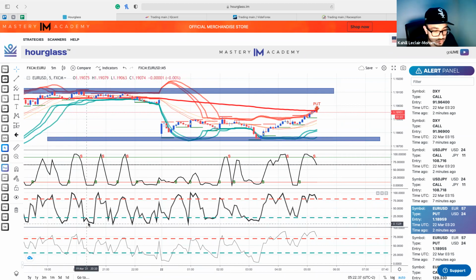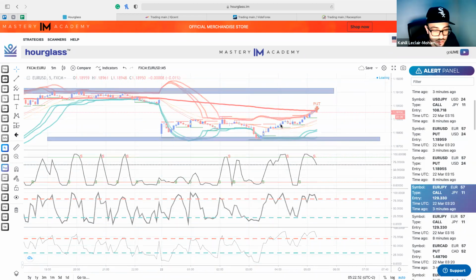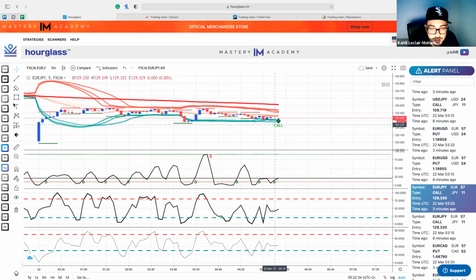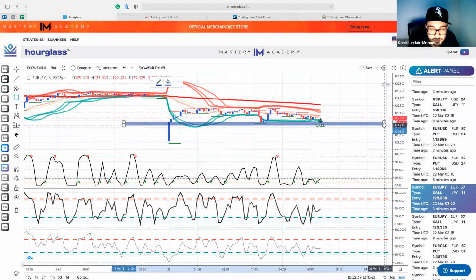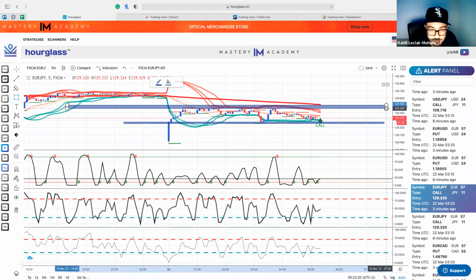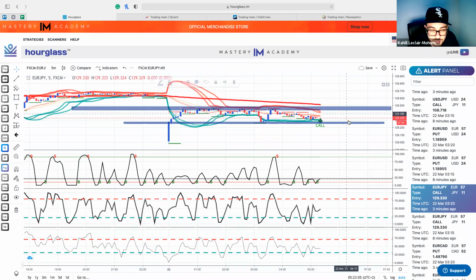What do you mean indicators? Indicators, SNR, support and resistance. Okay. So we're going to look at your USD. Let's take a look at your JPY. So nobody else?